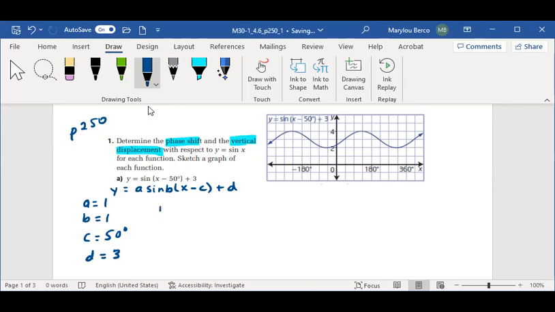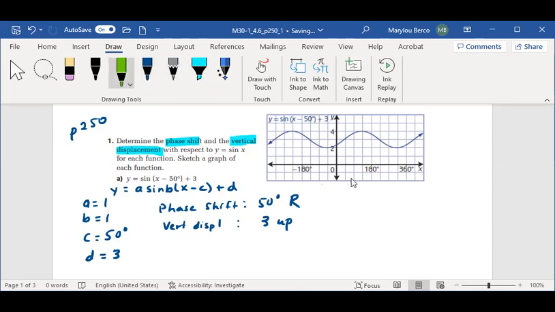Okay, so the phase shift is 50 degrees, 50 units to the right, and the vertical displacement is 3 units up.